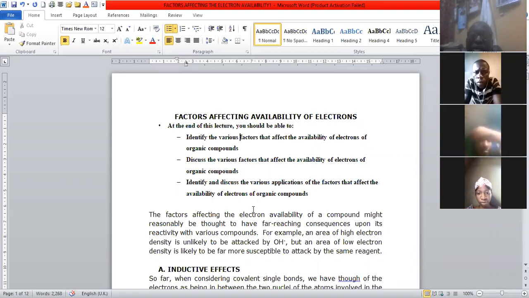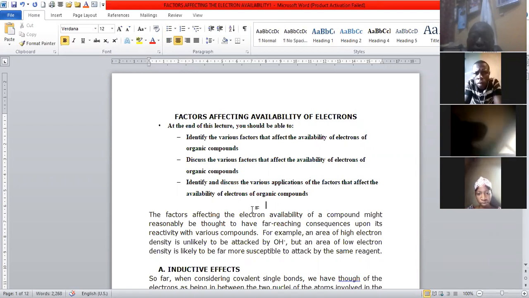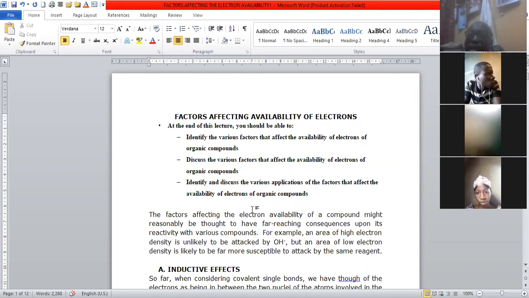Now, when you're talking about the factors affecting availability of electrons, we are talking about the reactivity of these compounds. For any reaction to take place, some bonds will be broken, and another one will be formed. That is when the reaction takes place.